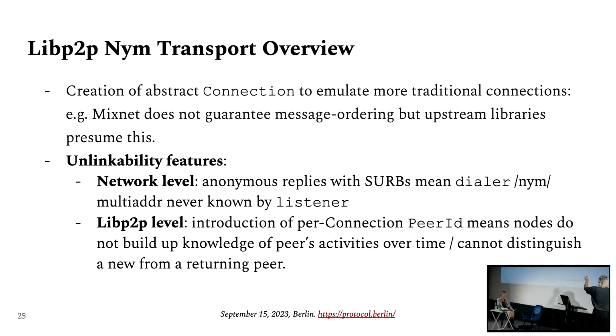On the libp2p level itself, we've had to emulate something like this. Usually nodes have a long-lived single identity over time, which is usually just a public key. And in certain frameworks like Noise, this is used for message authentication.